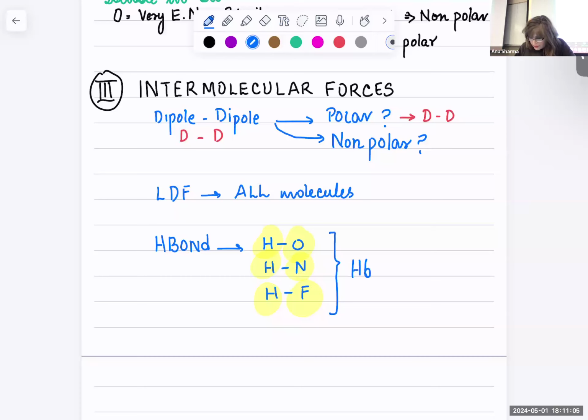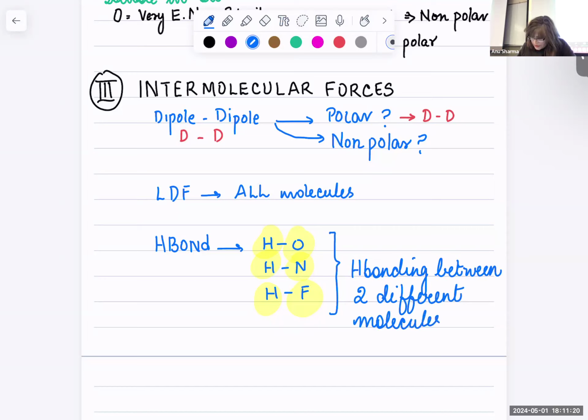That hydrogen bonding is also responsible for the solubility of molecular compounds. You have to check this hydrogen bonding between two different molecules. It's not within the same molecule, it's between the molecules, so it's a network.